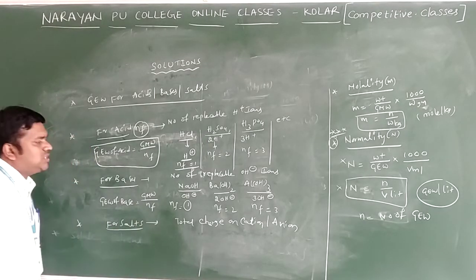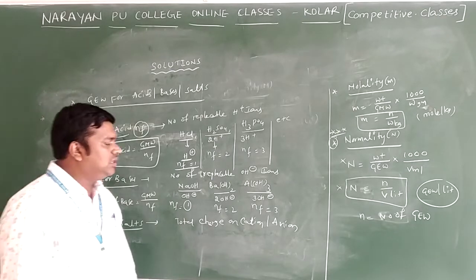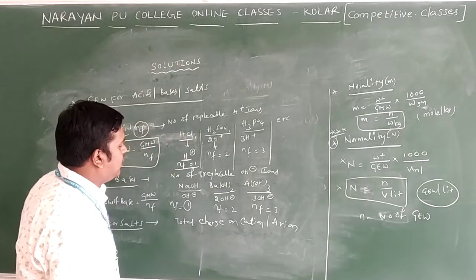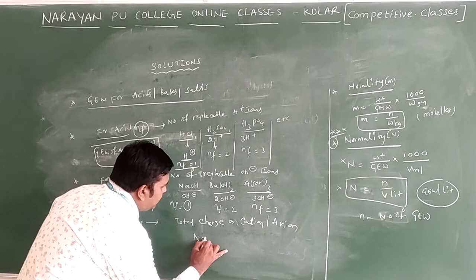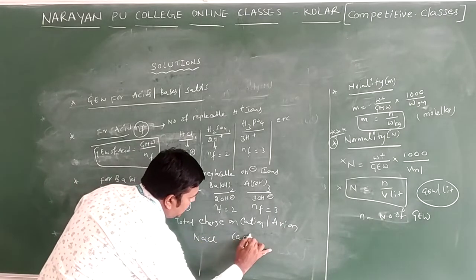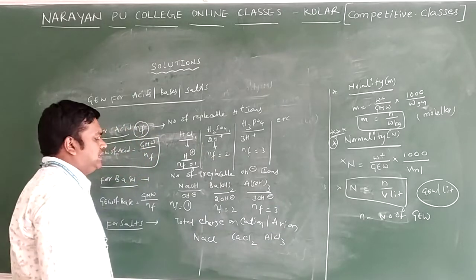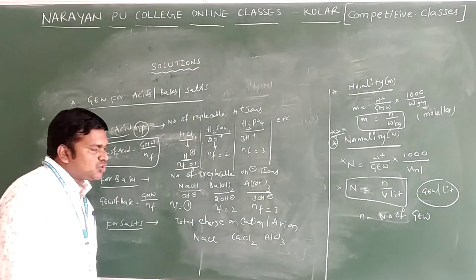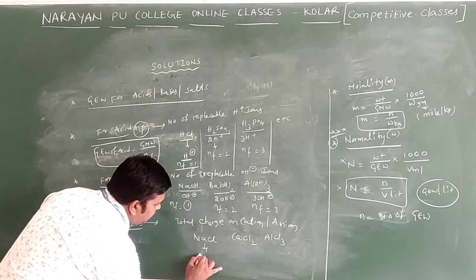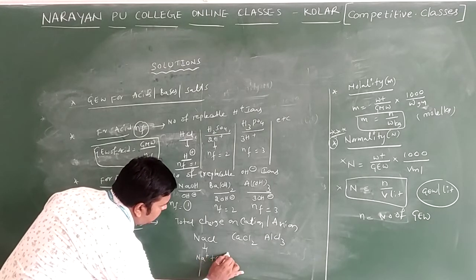Now come to salts, where the N factor is the total charge on the cation or anion. Let us see one example. We have NaCl, CaCl2, or you can take here AlCl3. NaCl dissociates to Na plus and Cl minus.